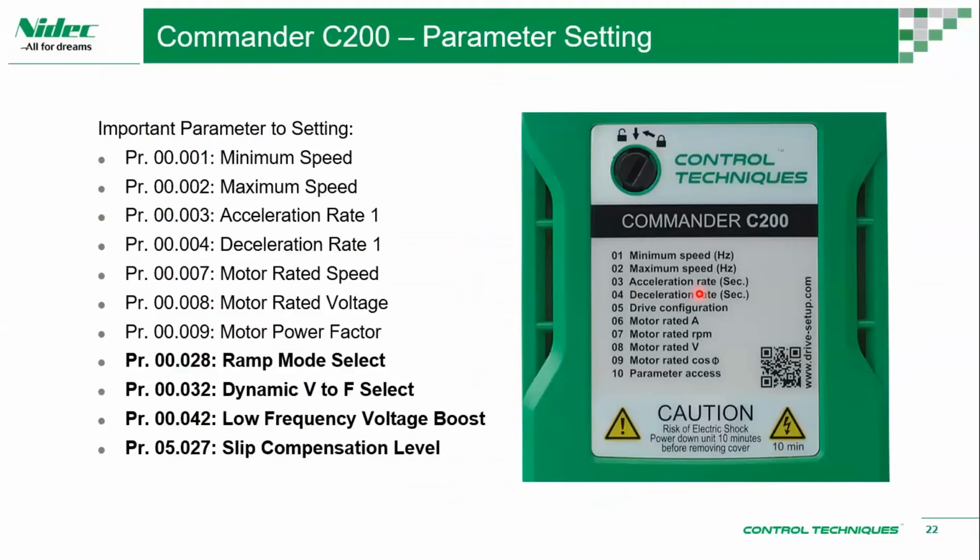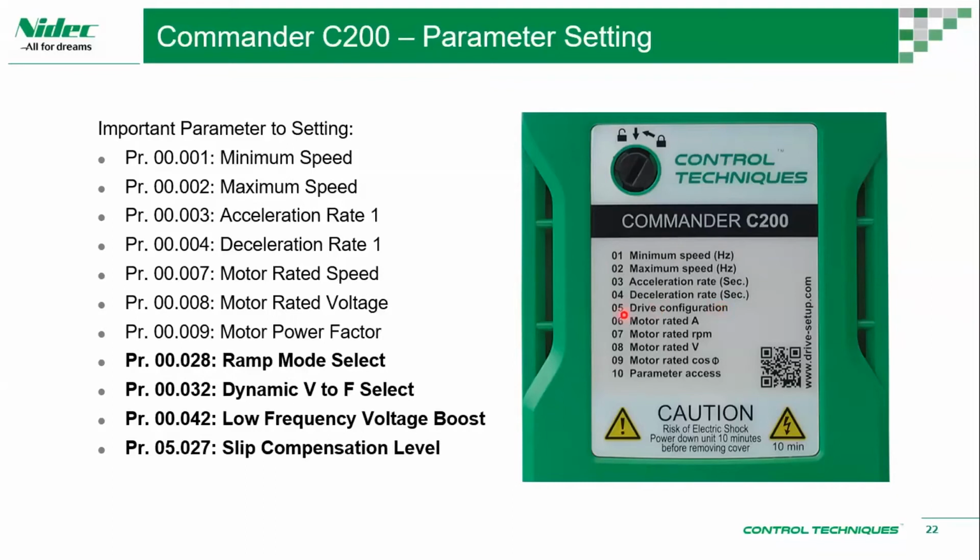You also already know about this. This is the basic 10 parameter setting of the Commander C200. When we are doing commissioning, we need to set parameter number 1 for the minimum speed, maximum speed number 2, acceleration rate, deceleration rate, and drive configuration, which one you want to use, like analog voltage control or analog current control.